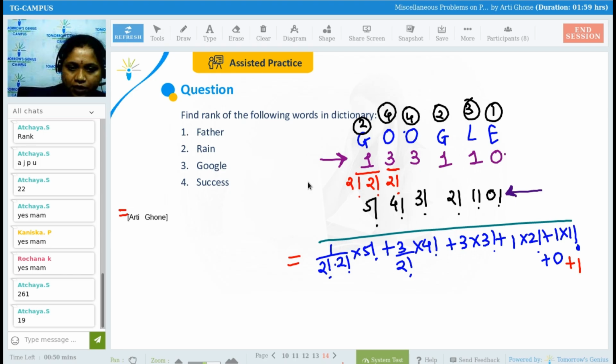You can simplify this one: 5, 4, 3 upon 2, plus this one is 3 into 4 into 3. 2 gets cancelled, plus 2 2s are 4, 3 into 3, 6 3s.